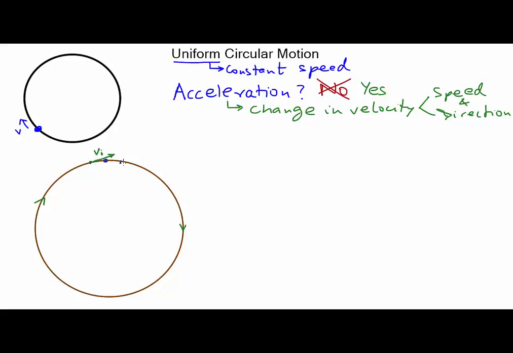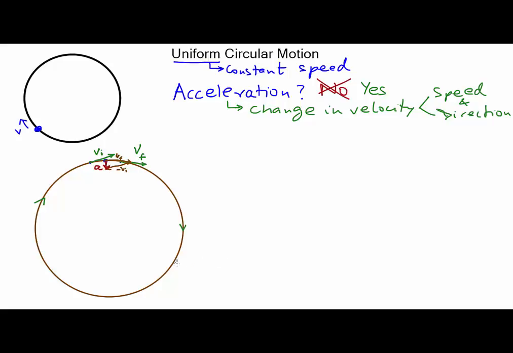My final velocity will have the same length of the arrow, but now the tangent to the curve at this point looks like this. And when I take that VI and VF and move them to my point of interest, my VF is over here, minus VI looks like this over here. So this is VF minus VI. And so that gives me an acceleration vector that in this case points straight down.